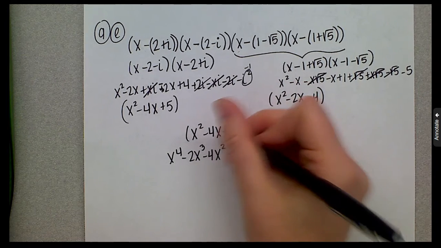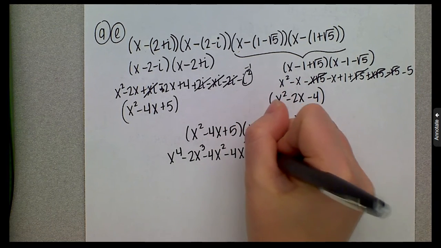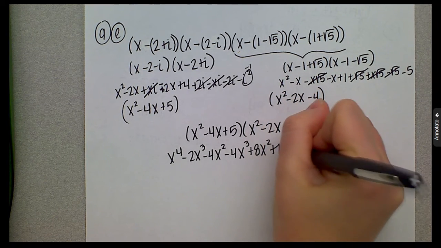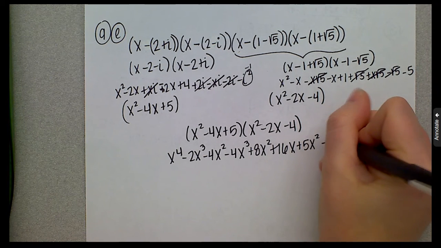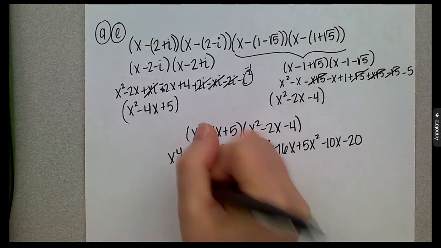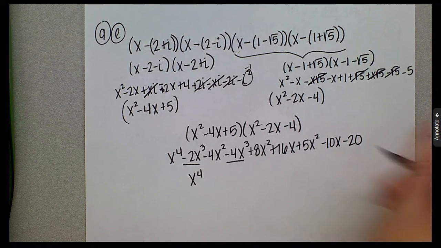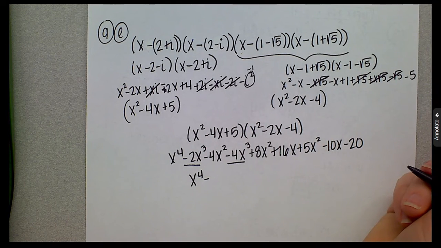Distributing the negative 4: minus 4x cubed plus 8x squared plus 16x, plus 5x squared minus 10x minus 20. For x to the fourth, we have an x cubed here and an x cubed here. That's minus 6x cubed.